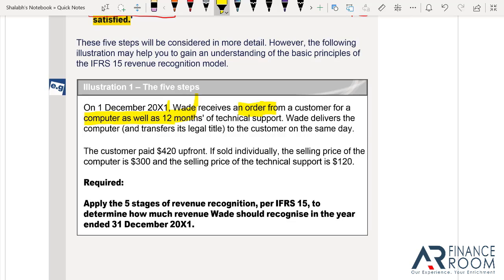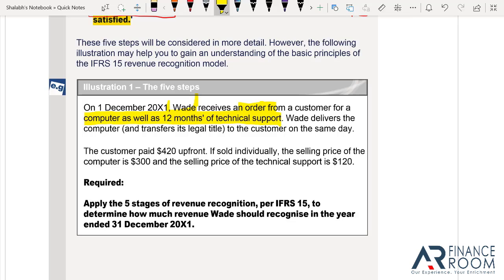The smart students will get this, and all my students are smart. The customer is asking for a computer as well as 12 months of technical support. Now can you sense that there are two separate promises, two performance obligations in this?